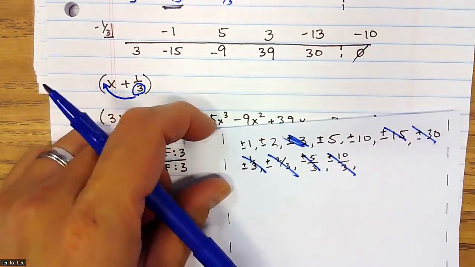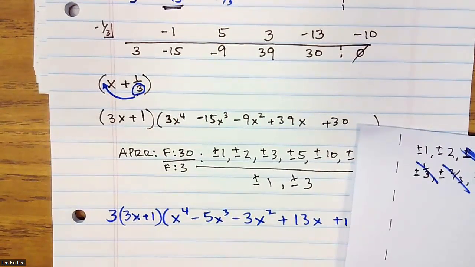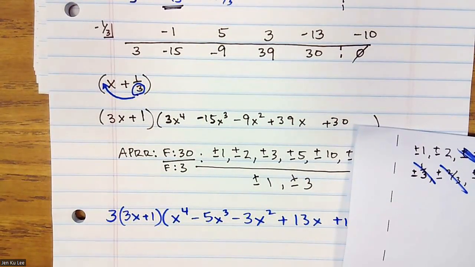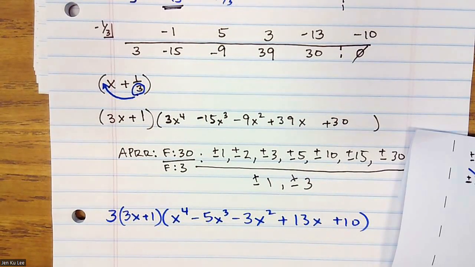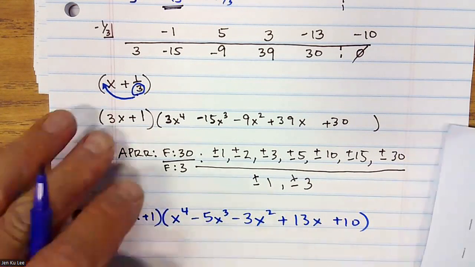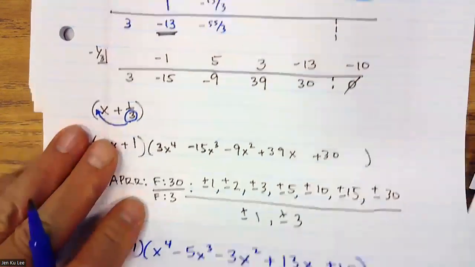Okay? So now the coefficients will be 1, negative 5, negative 3, 13, and 10. So 1, negative 5, negative 3, 13, and 10.